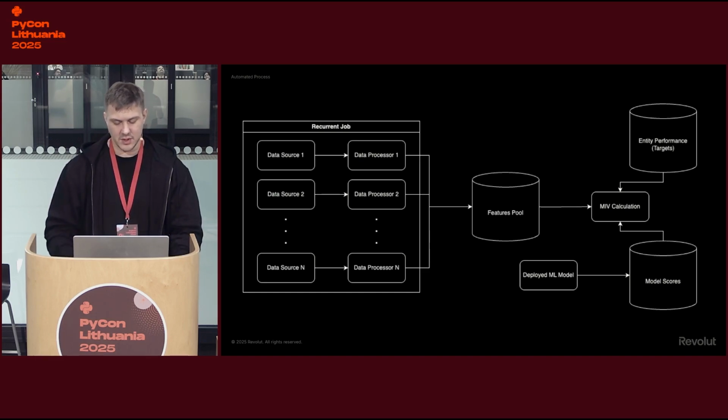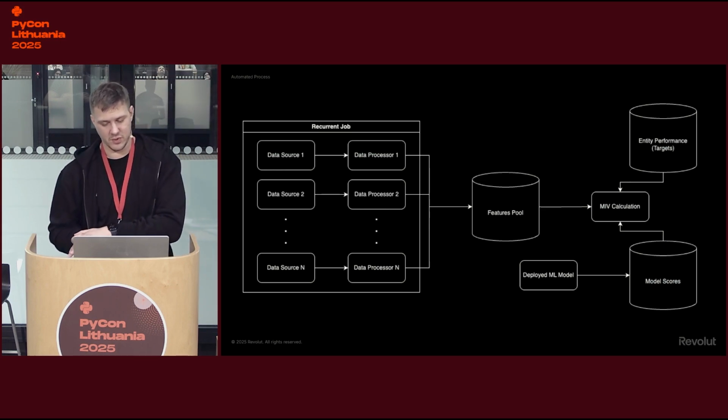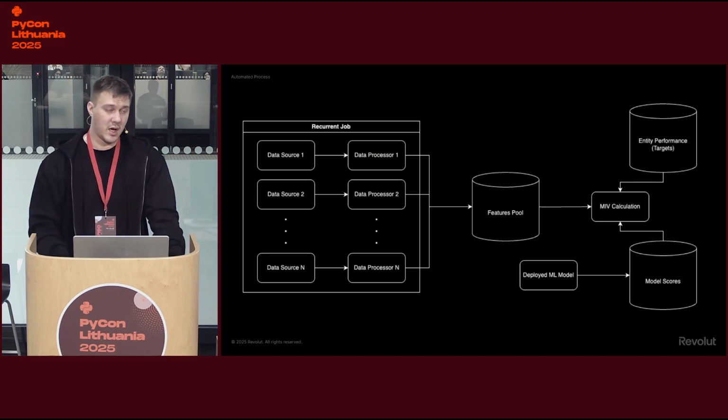Now, in order to do the continuous monitoring and continuously track which features are adding value, we probably need to store the information of what the model already predicted, because then we would be able to compare it to what it would have predicted if this new feature had been added, and also we need to track our targets.